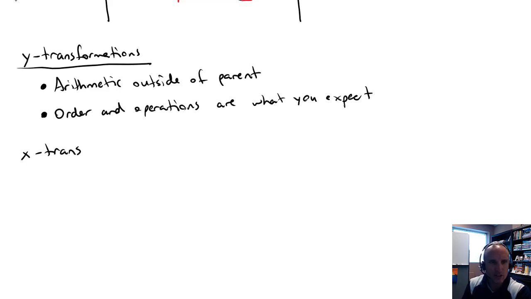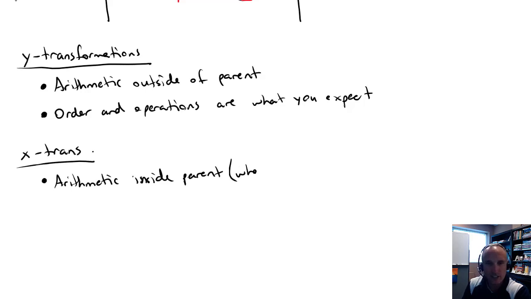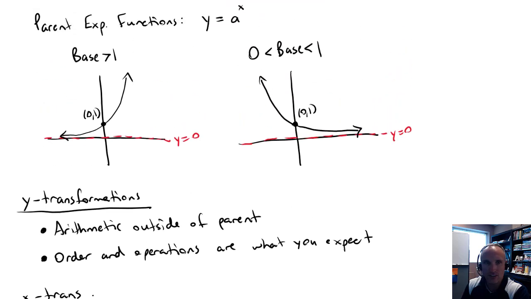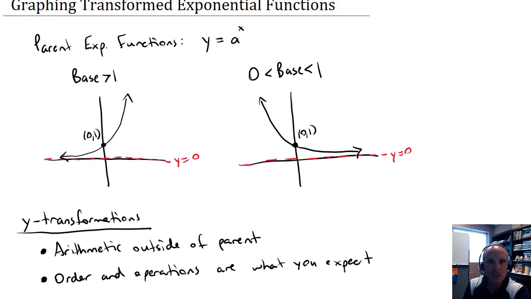X transformations, however, are arithmetic inside the parent operation. And that's because that's where x is. So for exponential functions, x is in the exponent, so you're going to find your x transformations in the exponent with x.